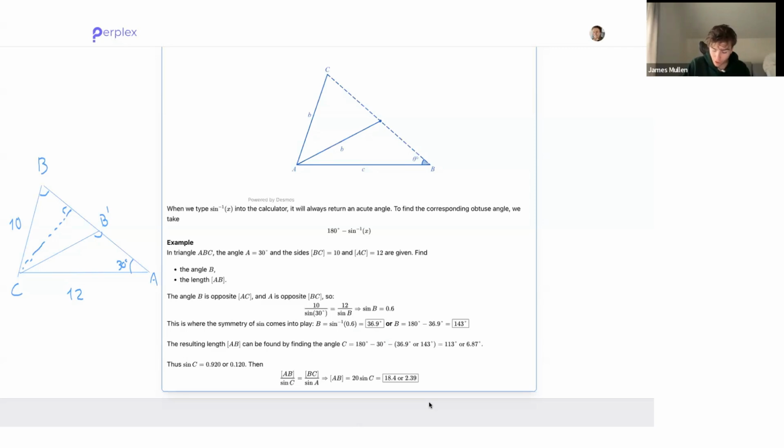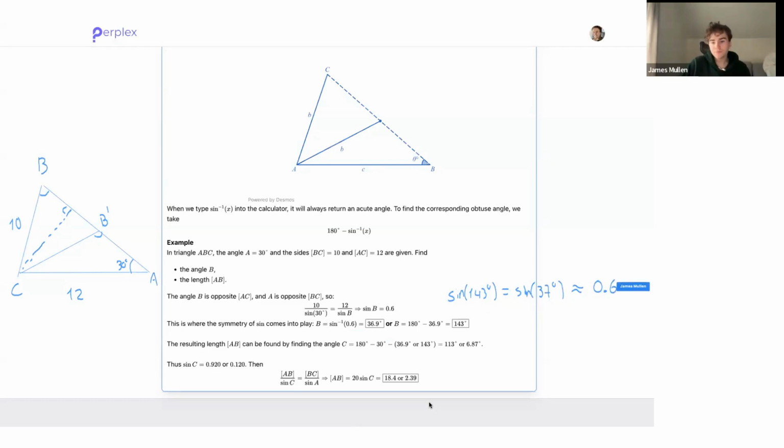But I could also get 180 degrees minus 36.9, which is 143 degrees. They both have the same value of sine. Sine of 143 degrees is equal to sine of 37 degrees, approximately 0.6.